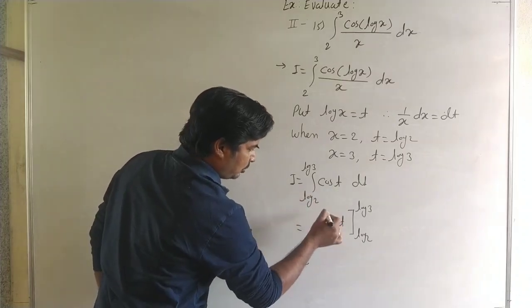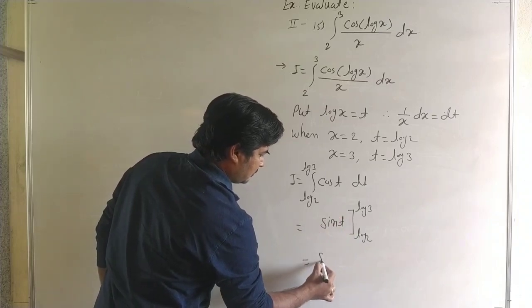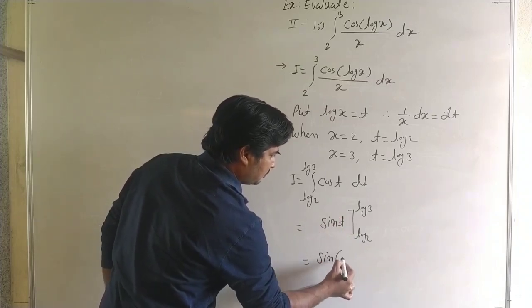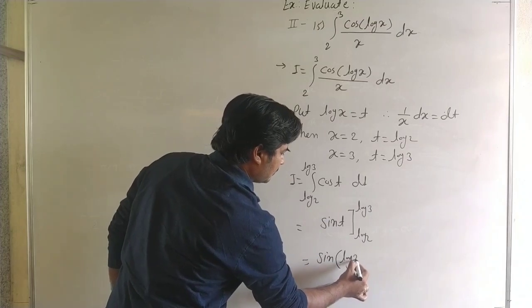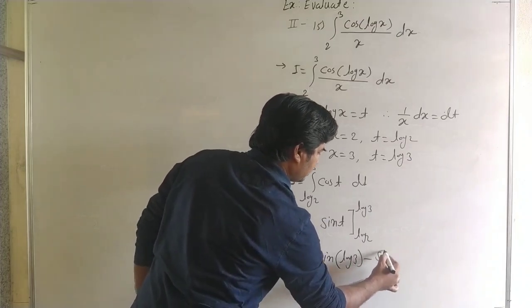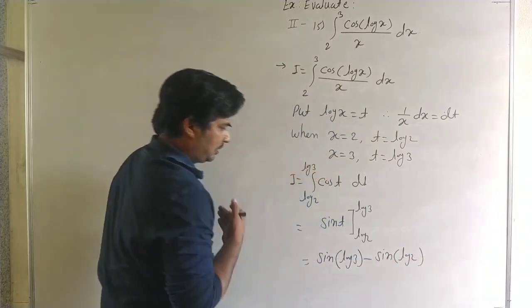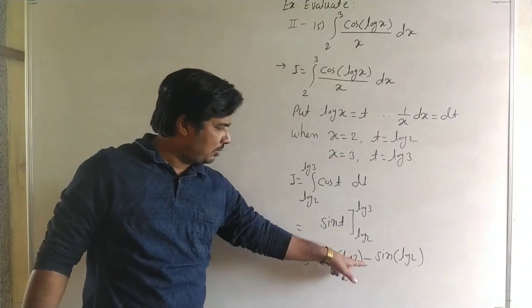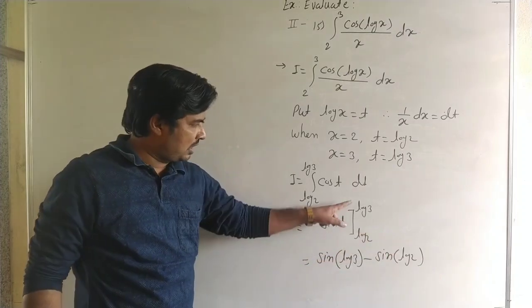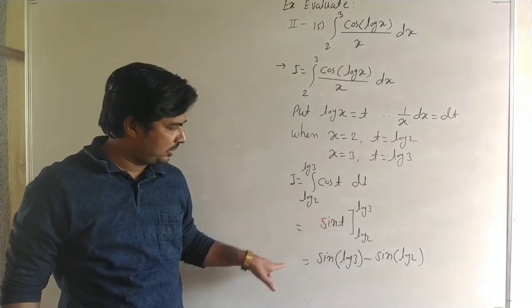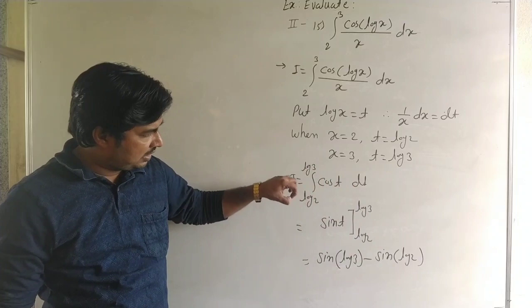And now here put the limit, sin of log 3 minus sin of log 2. Here it is the last answer, sin of log 3 minus sin of log 2, upper limit minus lower limit. It is the answer. See carefully this.